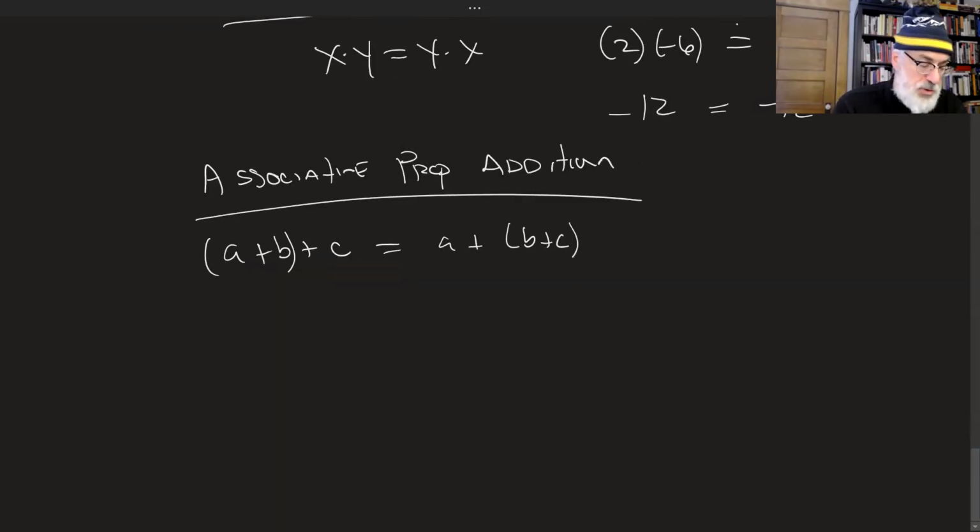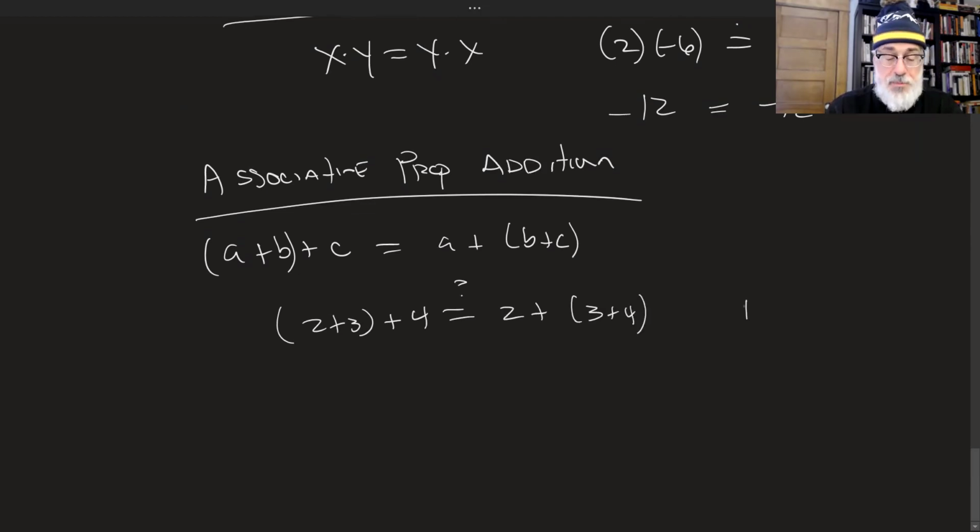So an example, let's say (2 plus 3) plus 4, is that the same as 2 plus (3 plus 4)? Now remember PEMDAS. So we're going to add 2 and 3, which is 5, plus 4.